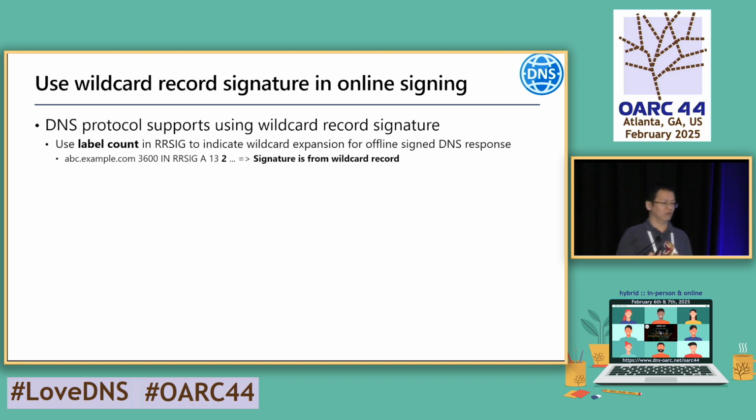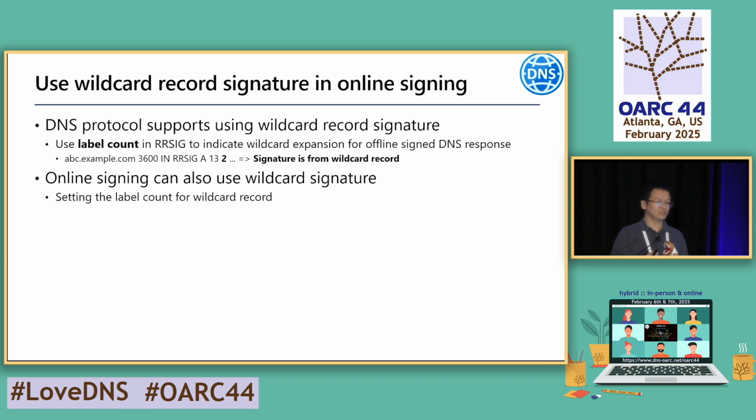For offline signing responses, we can use a wildcard signature, and we can use the label count in the RRSIG record to indicate the signature is from a wildcard record. For online signing, we can do this as well. So there's no problem; here we have solved one problem. We can use a wildcard signature to prove that response.